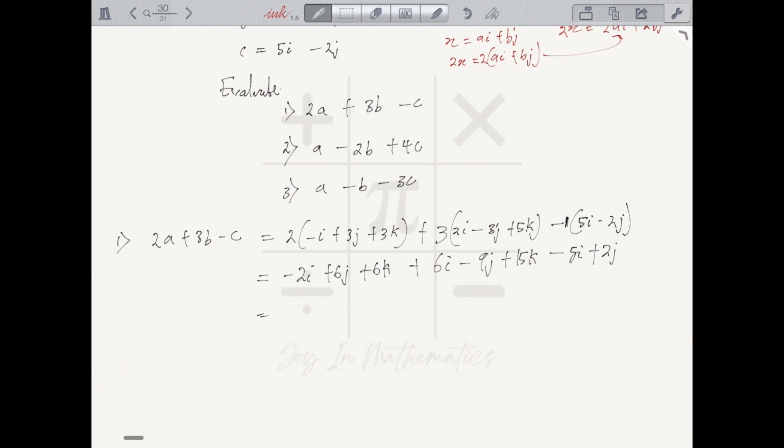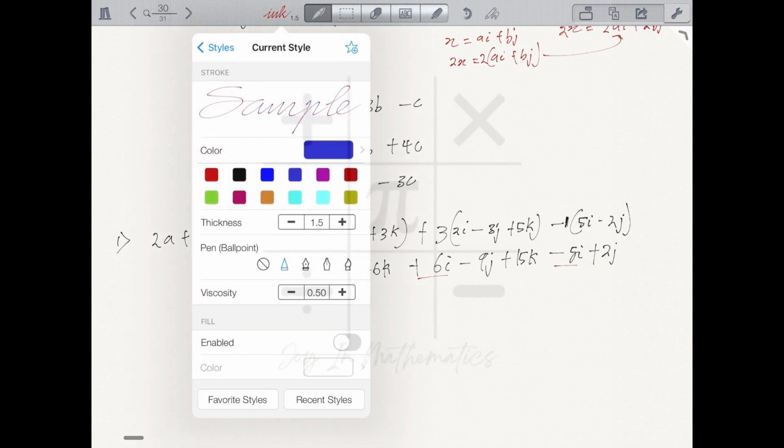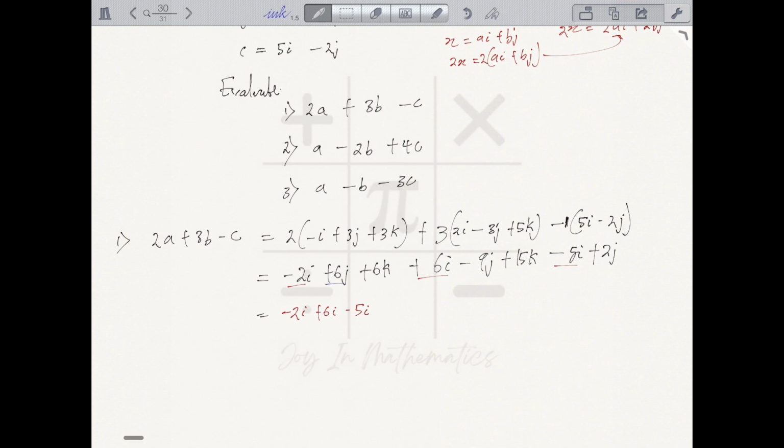So let's start with i components, minus 2i plus 6i minus 5i. Moving on to the j component, plus 6j minus 9j plus 2j.